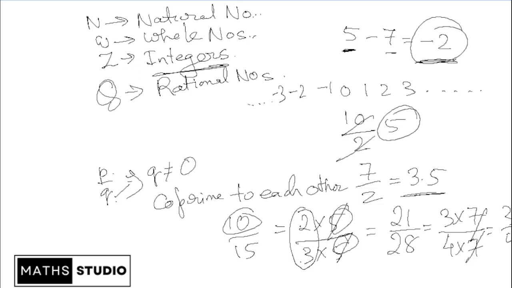There is no common factor in between them apart from 1. So they are co-prime to each other. So the rational number should be represented in a format where P and Q are co-prime to each other, and Q should not be equal to 0. Okay, so these are your rational numbers.